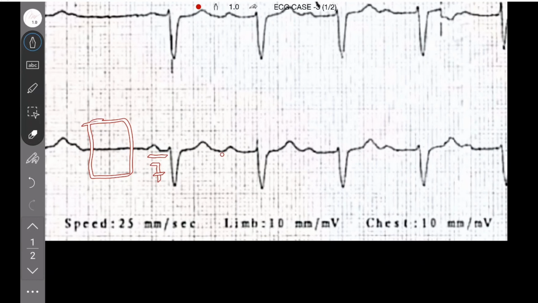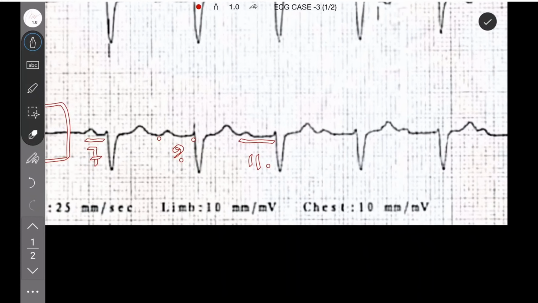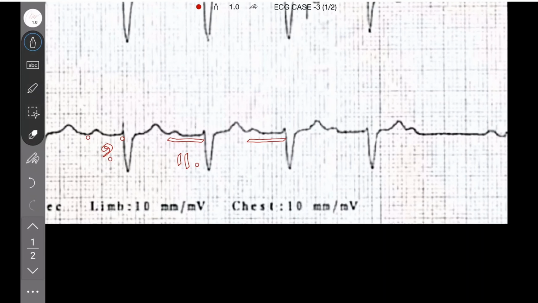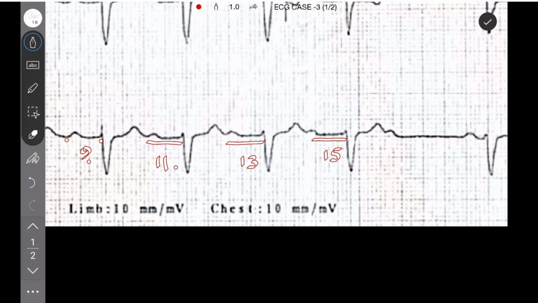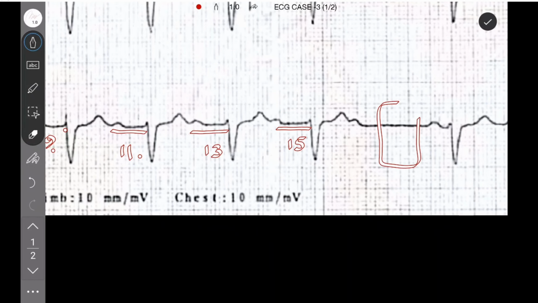Here, 9 small squares. Here, it is 11 small squares. Here, it is 13 small squares. Here, it is 15 small squares. And here there is a missed beat.